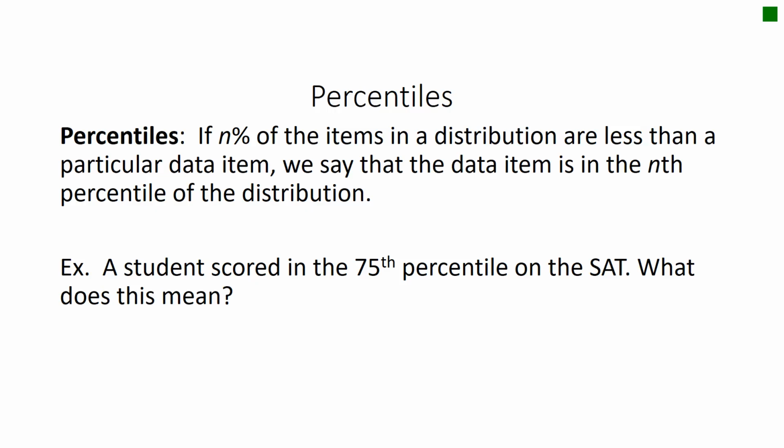You often hear, for example on the ACT, that you scored in the 80th percentile. What that actually means is if n% of the items in a distribution are less than a particular data value, we say that the data item is in the nth percentile. So a student scored in the 75th percentile on the SAT.